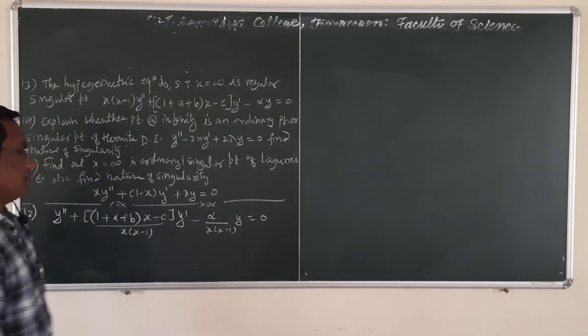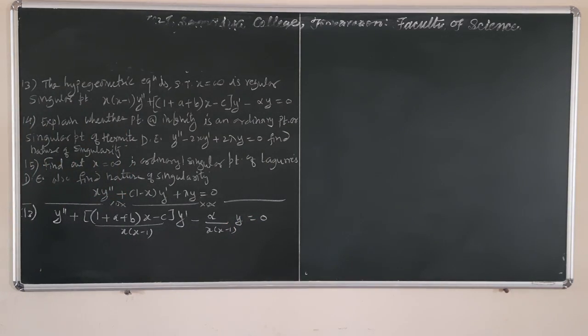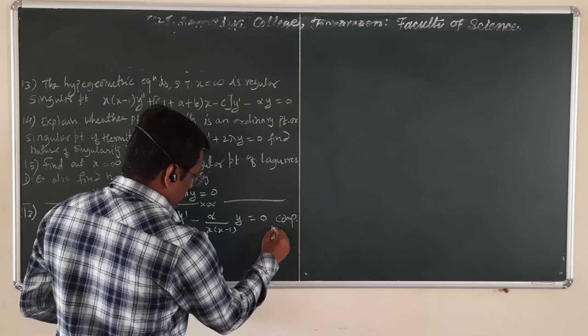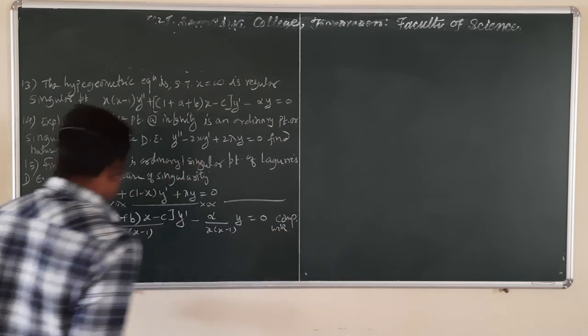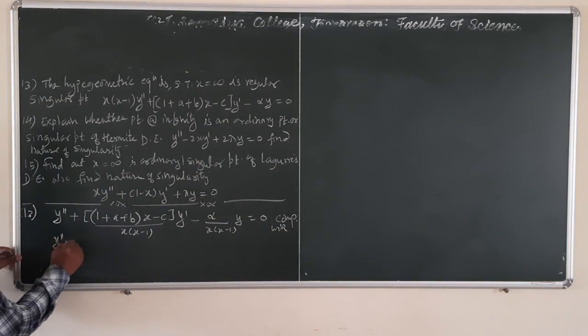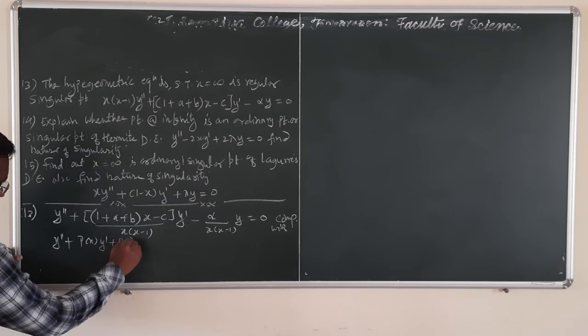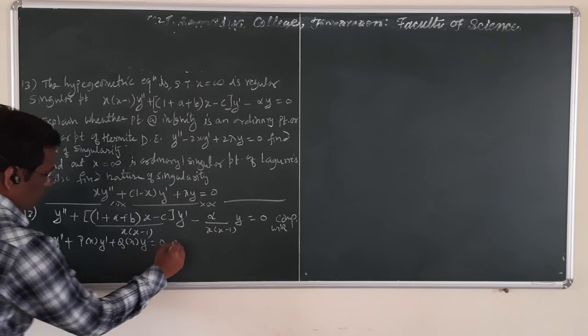is equal to 0. Okay, now we have to compare this equation with the standard equation. What is that standard equation? y double dash plus p of x y dash plus q of x y is equal to 0.